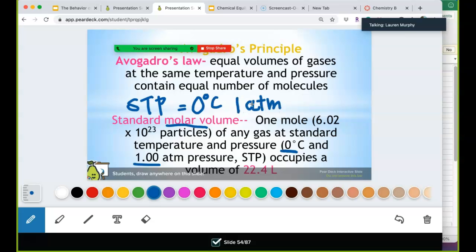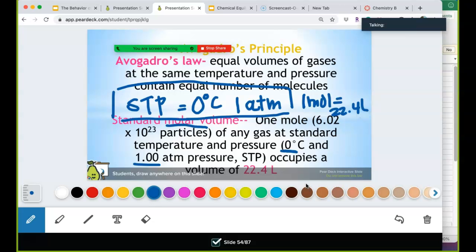Always, always, always. This is a set of conditions. So what he figured out is that 1 mole of any gas at STP occupies 22.4 liters of space.